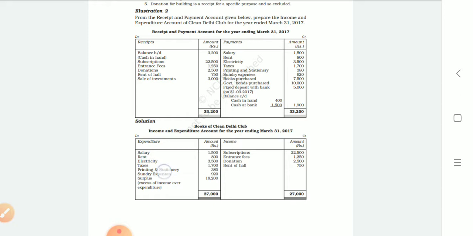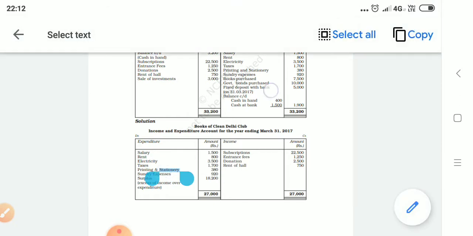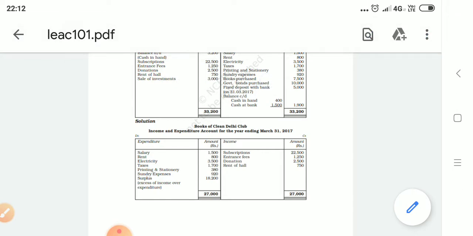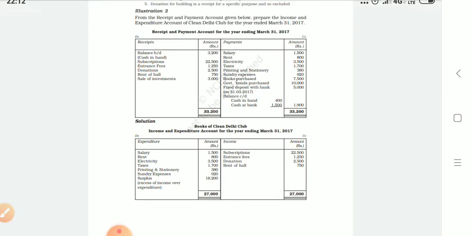It will not appear in the expenditure. So this is a capital expenditure. So now you understood what is capital receipt and what is a capital expenditure. Fixed deposit also. Fixed deposit is usually for more than a year. So fixed deposit is also a capital expenditure. It will appear in the asset side of the balance sheet.